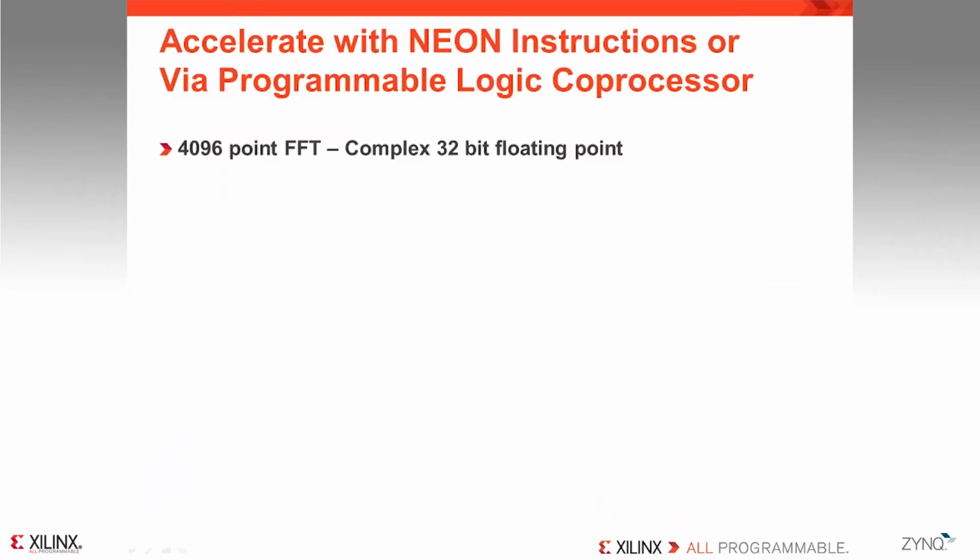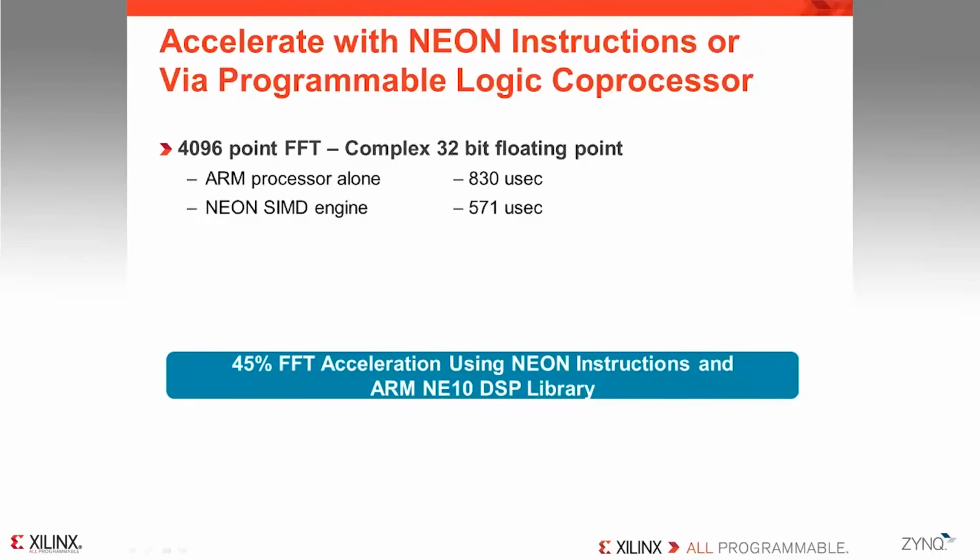To summarize the results, when using software alone, the 4096 complex 32-bit floating point FFT is completed in 830 microseconds. When using the NEON SIMD engine integrated into the ARM processor, the time drops to 570 microseconds, which is 45% faster.